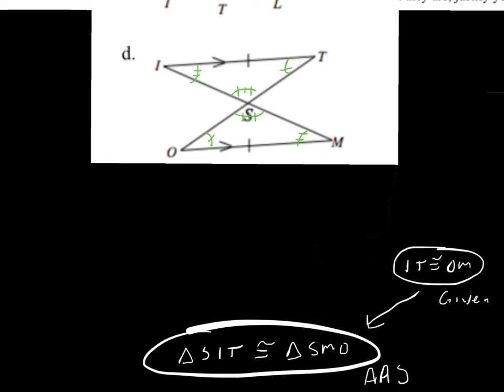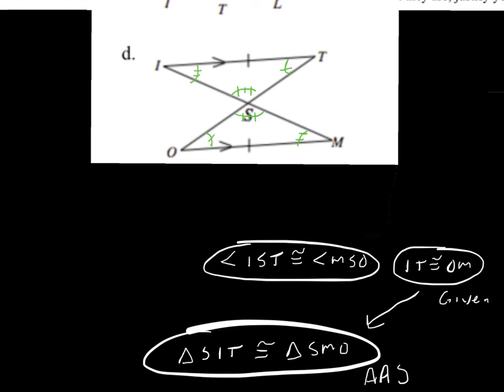So angle IST is congruent to angle MSO. Those are vertical angles.